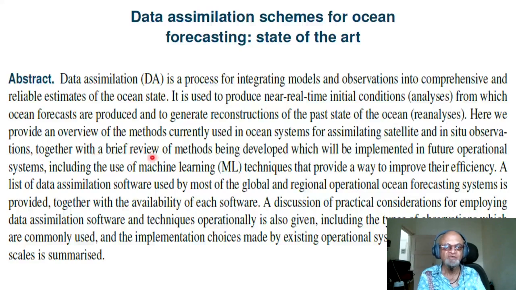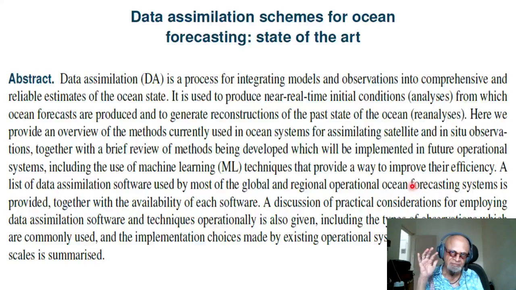Here we provide an overview of the methods currently used in ocean systems for assimilating satellite and in situ observations, together with a brief review of methods being developed which will be implemented in future operational systems, including the use of machine learning techniques that provide a way to improve their efficiency.